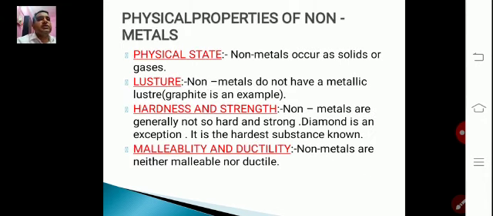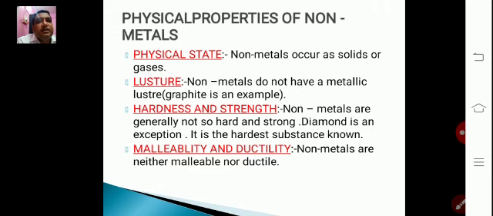Now we have to discuss the physical properties of non-metals. Non-metals are not malleable, they are brittle. This means non-metals cannot be beaten into thin sheets with a hammer. Non-metals break into small pieces when hammered.